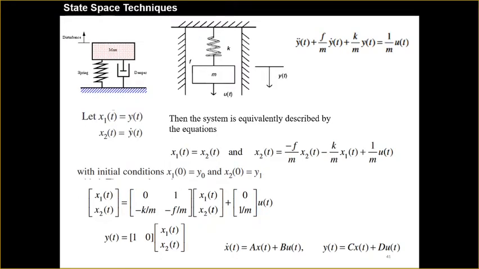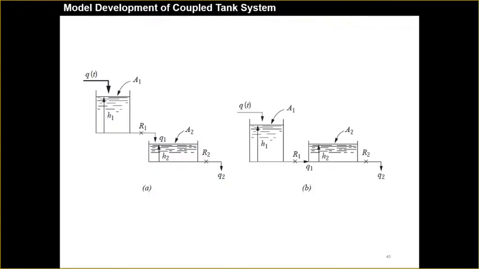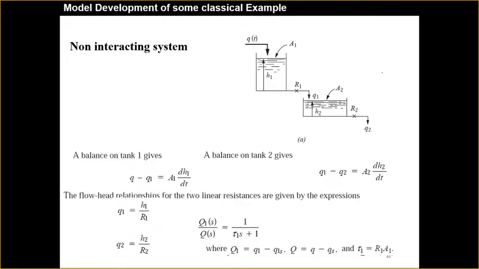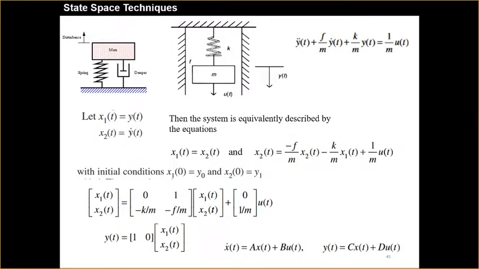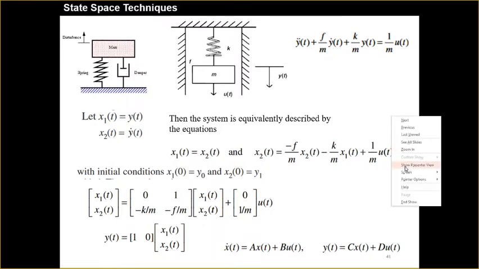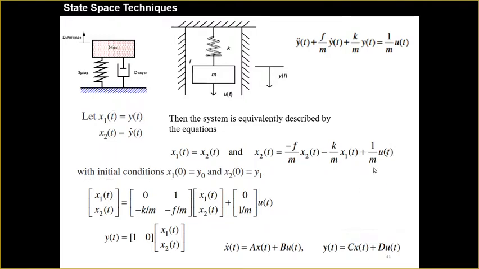So today we will see the development of model for the different types of the coupled tank system, right? So before that, we have two examples for the state space technique. Now, as you know, we have already covered this part in the modern control system also.